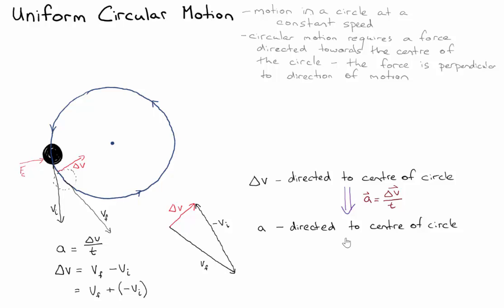And because I know that force equals mass times acceleration, if my acceleration is heading towards the center of the circle, my force is also heading towards the center of the circle.